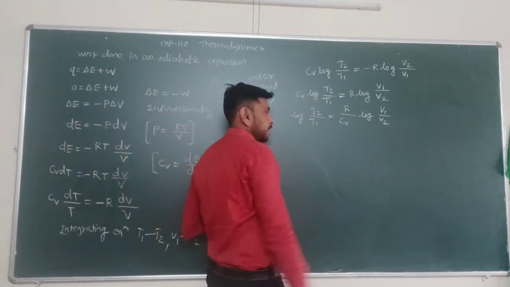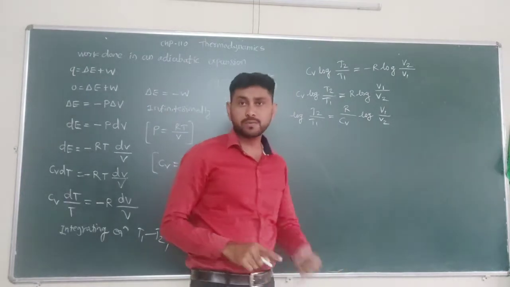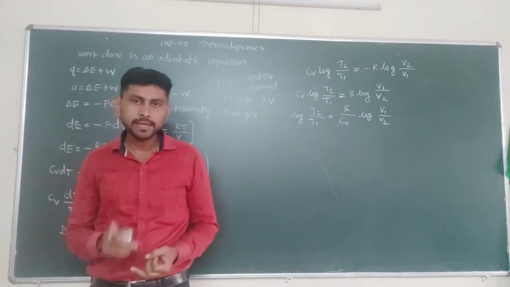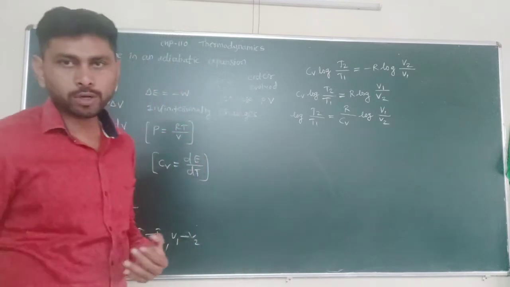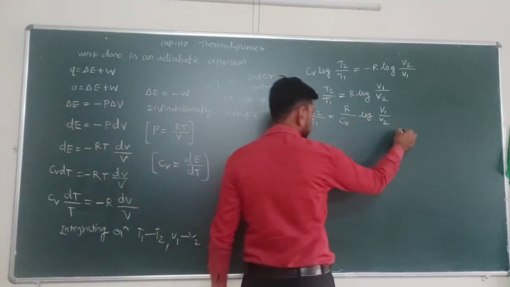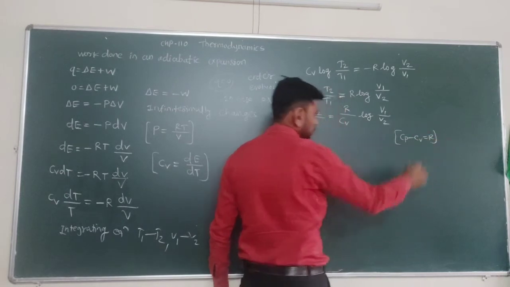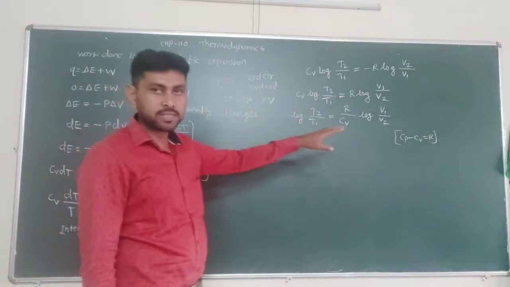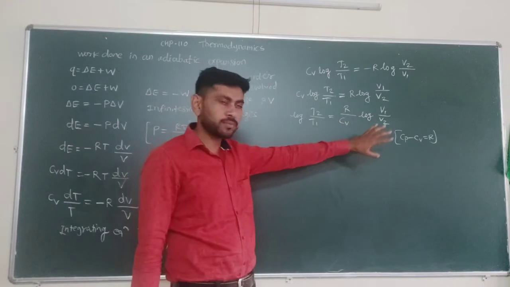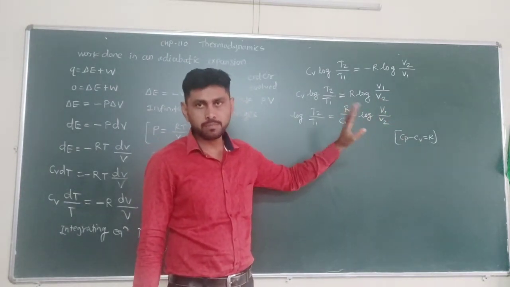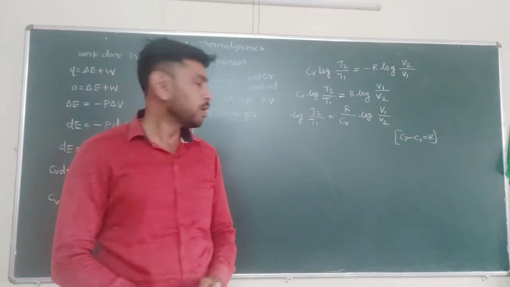Now here we know one famous equation relating heat capacity at constant pressure and heat capacity at constant volume. What is that equation? Cp minus Cv equal to R. That is the relation between the gas constant, heat capacity at constant pressure and heat capacity at constant volume.